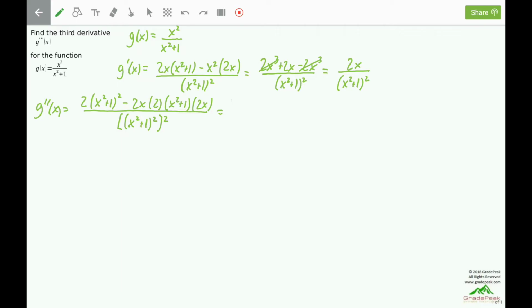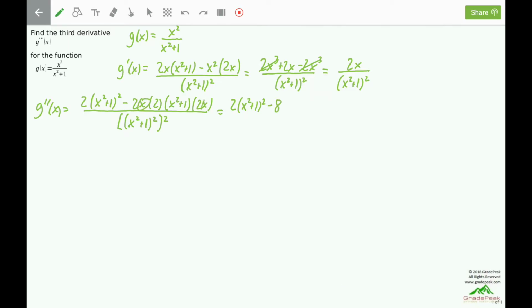In the numerator, I'll leave the first term alone. We do not want to FOIL out that x squared plus 1 squared because I will have a common factor of an x squared plus 1 in the numerator. The second term, I have a negative 2, a 2, and a 2. Everything's multiplying each other, so negative 2 times 2 is a negative 4, times 1 more 2 is a negative 8.